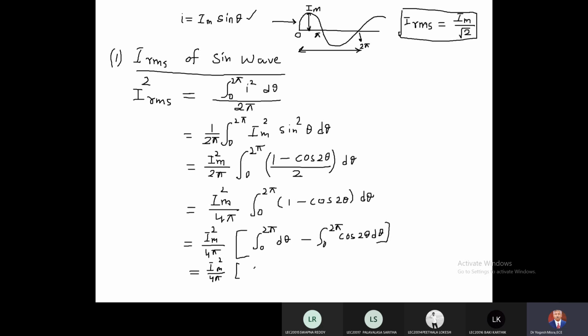The integral of d theta is theta from 0 to 2 pi, minus, now the integral of cos 2 theta is sin 2 theta by 2, from 0 to 2 pi. Okay, now I will go to the next slide.